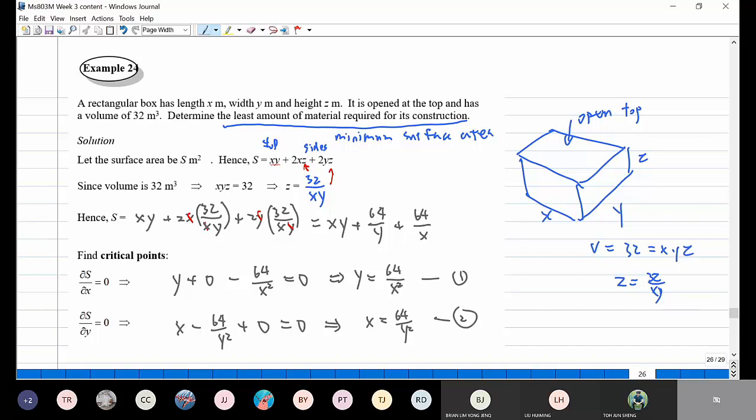Okay, simultaneous equations. Very often to find the critical point, you have to solve simultaneous equations.